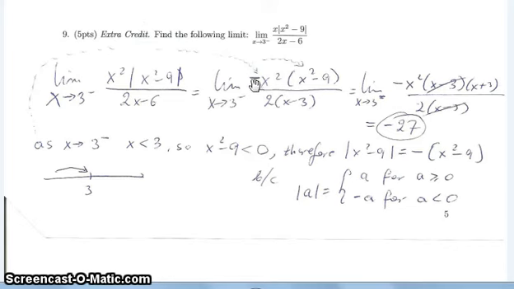And that's what I have here, negative x squared minus 9 without the absolute value. And now, once the absolute value is gone, I proceed as in the other problem. So I factor the numerator and the denominator, simplify x minus 3, and then replace all x's with 3, and I get negative 27.